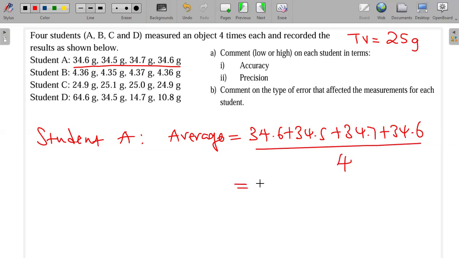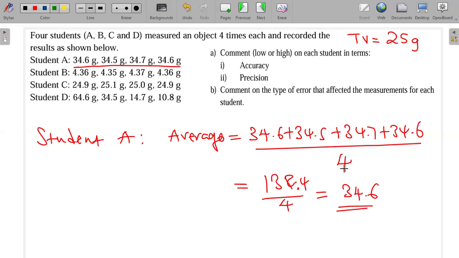Let me punch that on the calculator. When I add that, I get 138.4. Then I divide this by 4, and it gives me 34.6. This is the average of the measured values for student A.